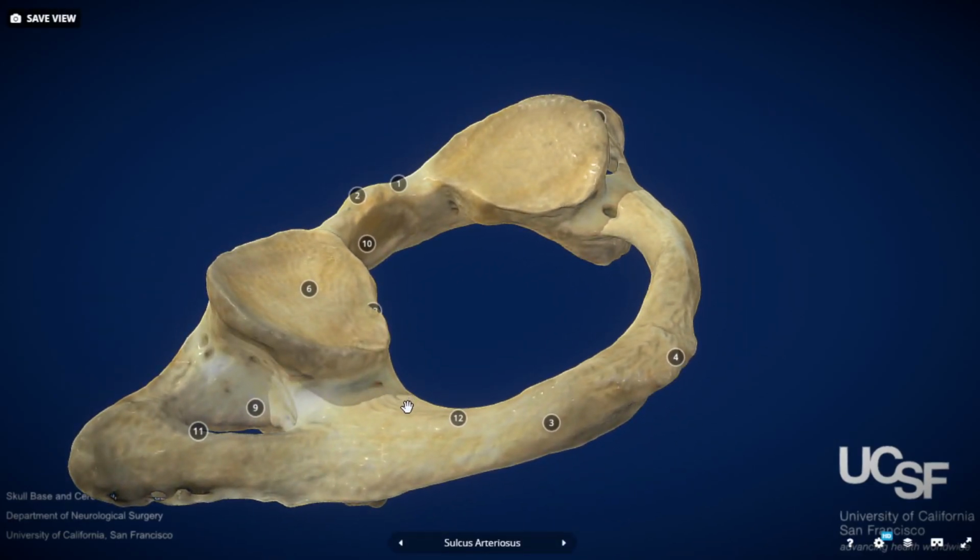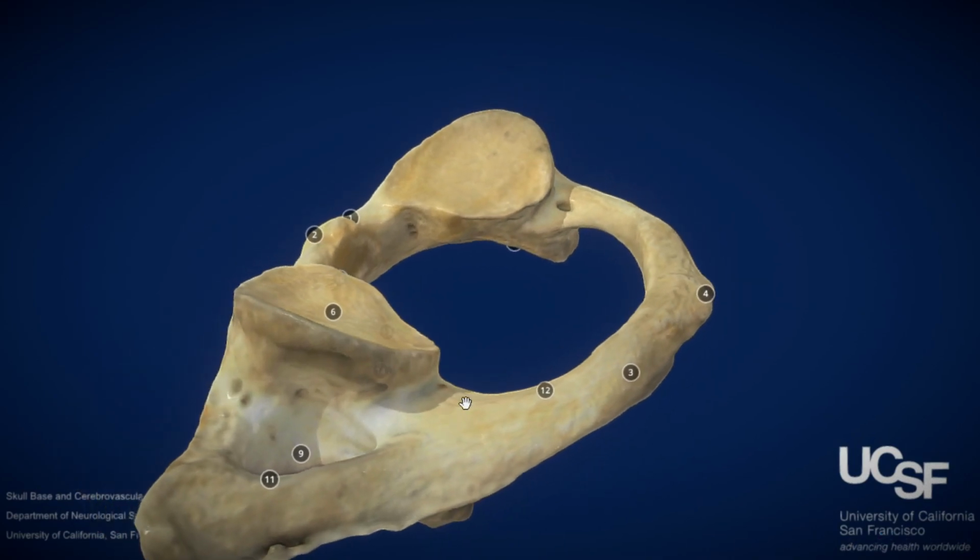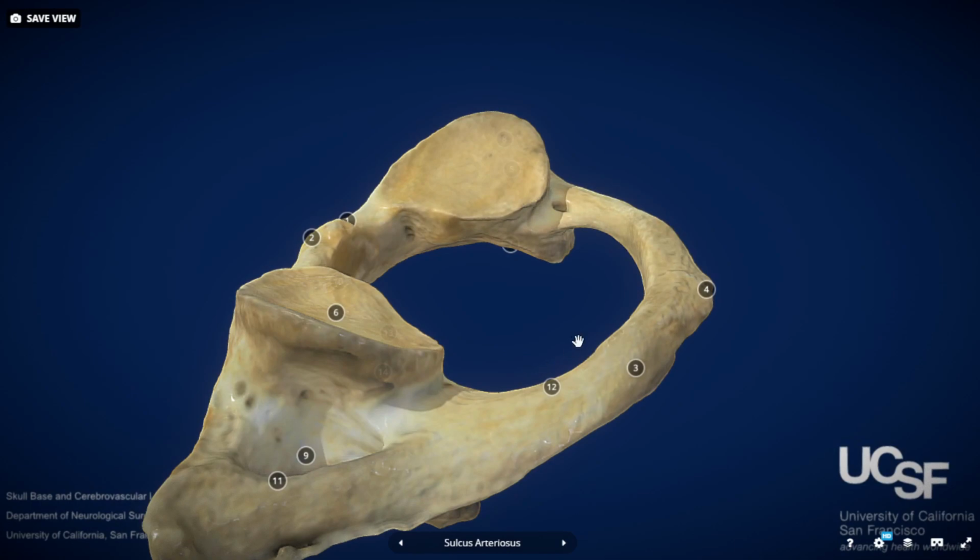Around 32 to 37% of the time there could be a bony bridge covering the artery called the ponticulus posticus.